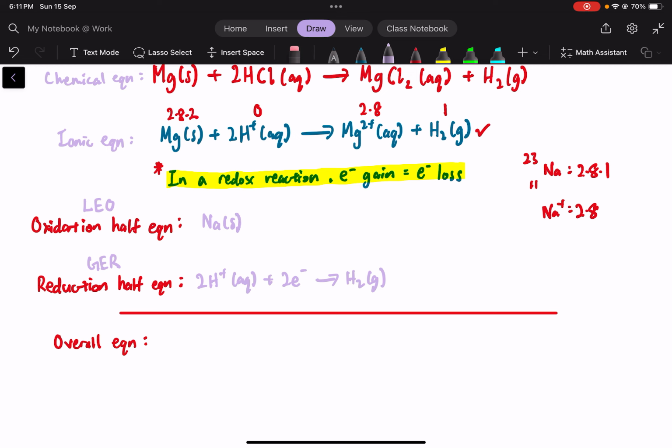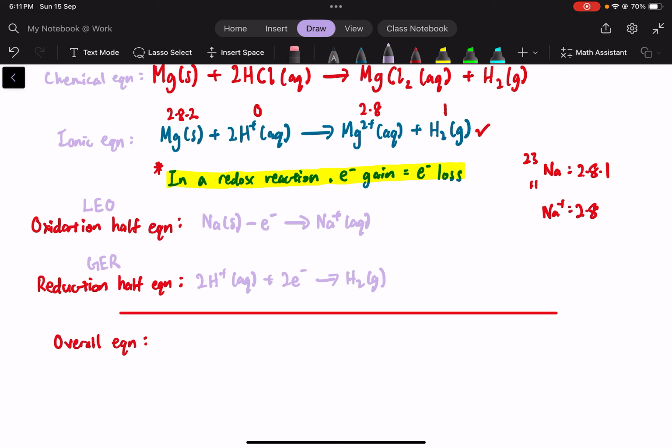Intuitively we are losing 1 electron, so maybe we can just write it out like that. But as you get used to it, you will know that we do not have to write the minus electron here. We can simply put it on the other side already. But let me show you what we should actually get based on logic.